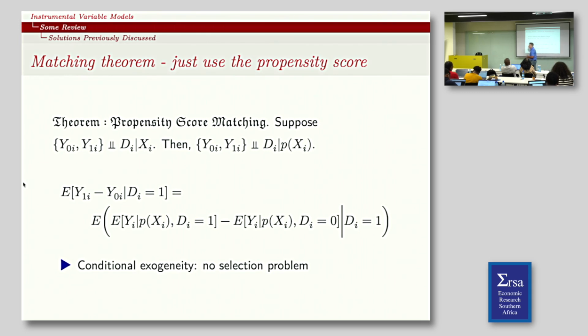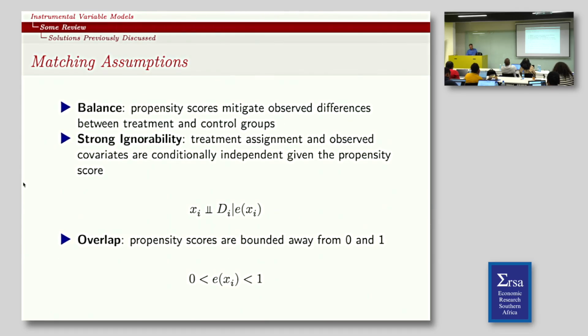And with the propensity score, now we can match on one single number. And once we match on that single number, we can easily calculate the average difference between the two groups based on them being similar in their X's, but the similarity is based entirely on the propensity score. Okay.